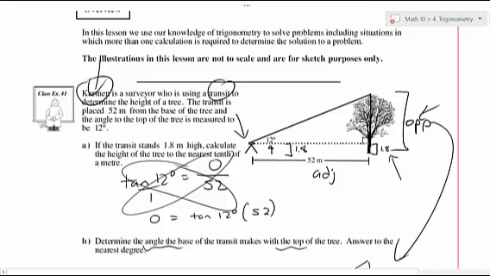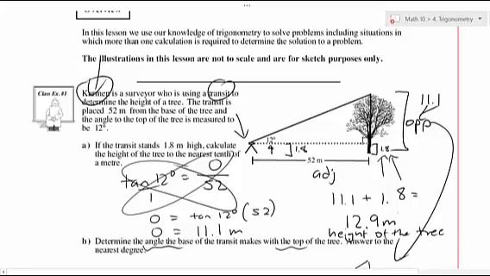All right, we throw that into a calculator, and you're going to get that the opposite equals 11.1 meters. So that's this distance right here. It's 11.1. We have to add the 1.8 to it. So 11.1 plus 1.8 equals 12.9 meters. And that is the height of the tree. Okay, circle my answer, 12.9 meters.